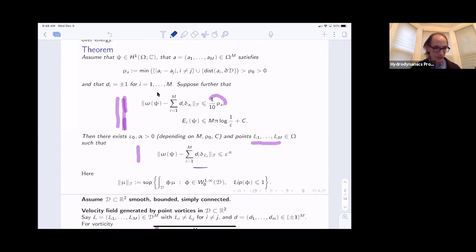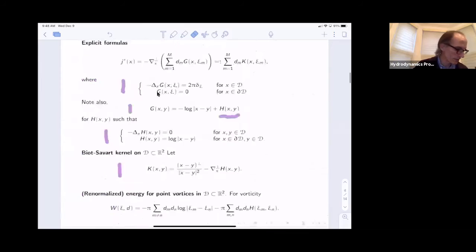Okay, so we have compactness, and we know that any limit must be a sum of delta functions. So the first thing we'll do is, well, I want to, but note.